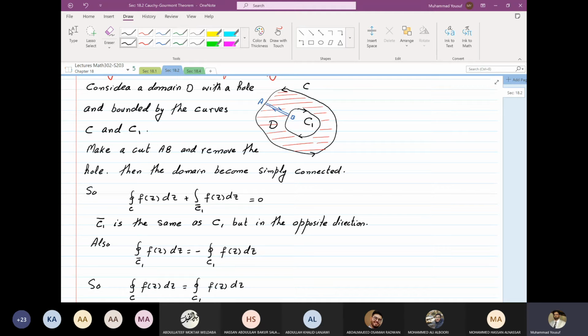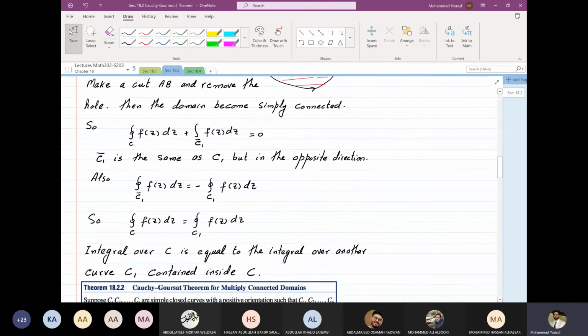So the integral over C plus integral over C1 bar. Now why am I saying C1 bar? Because C is counterclockwise and C1 is clockwise. To make this counterclockwise, we put C1 bar. On the next line, I explained what this C1 bar represents. C1 bar is the same as C1, but in the opposite direction.